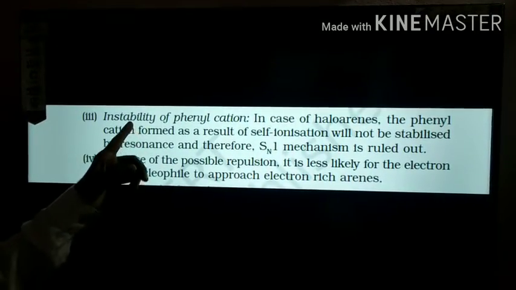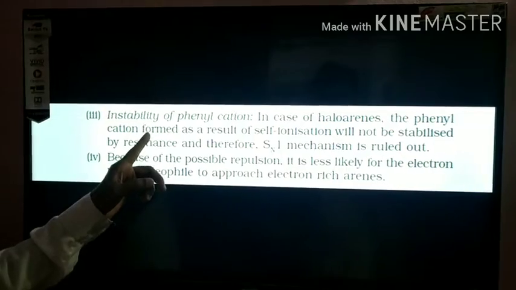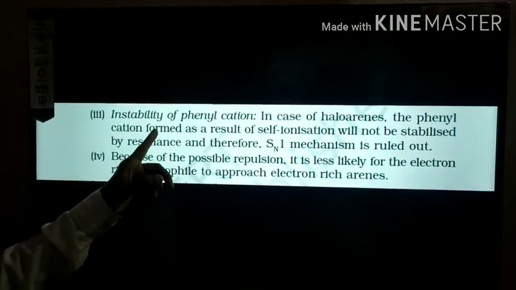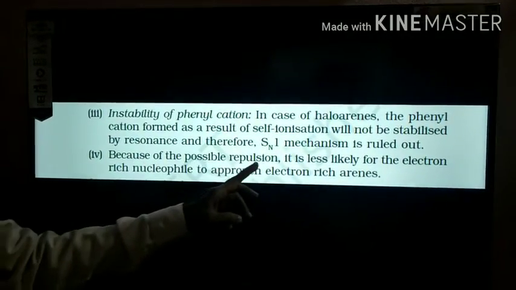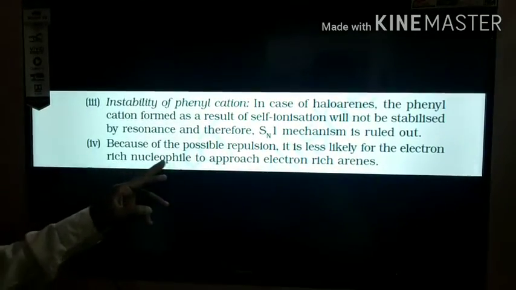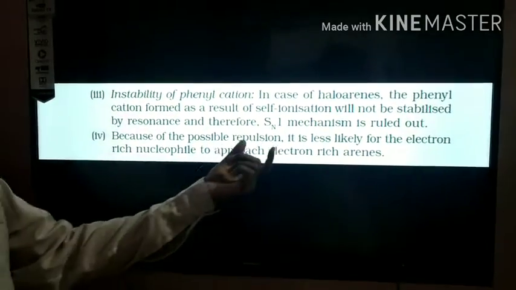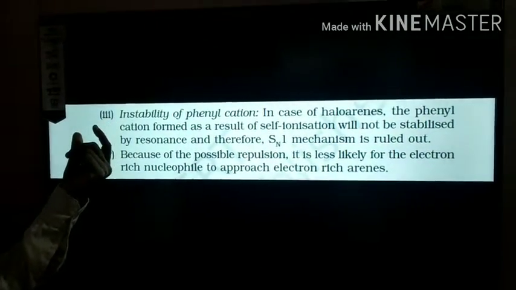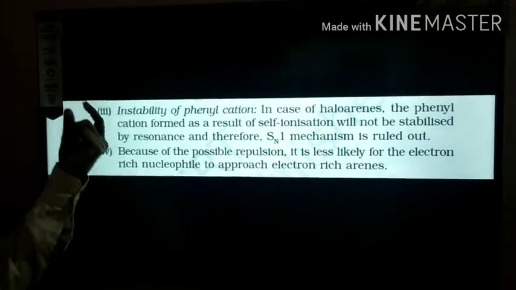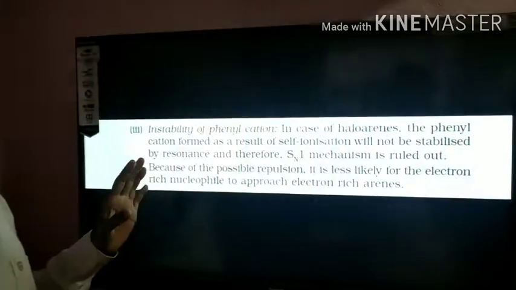The phenyl cation formation is also less stable. That is also one of the reasons. Because of the possible repulsion, it is less likely for the electron-rich nucleophile to approach the electron-rich arene. So with electron-rich arenes, nucleophilic substitution reactions will be very less. So these are the important reasons.